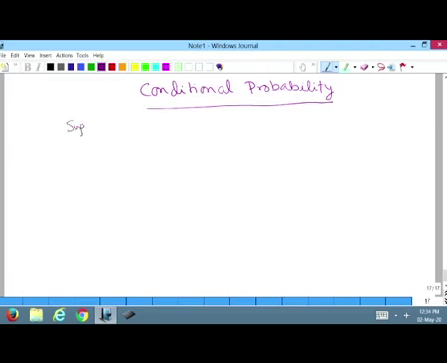Suppose A and B are two events which are not independent.